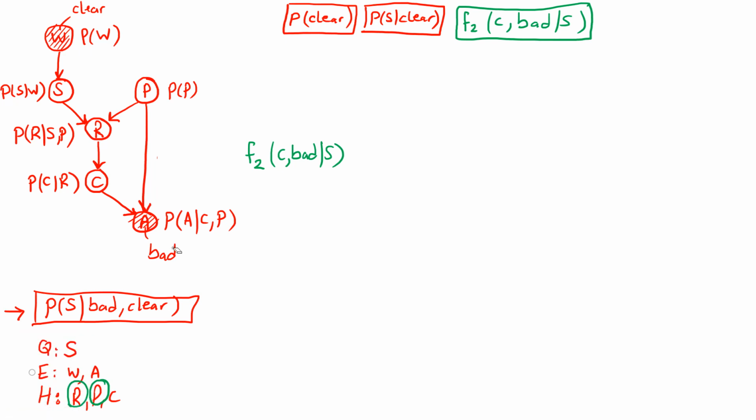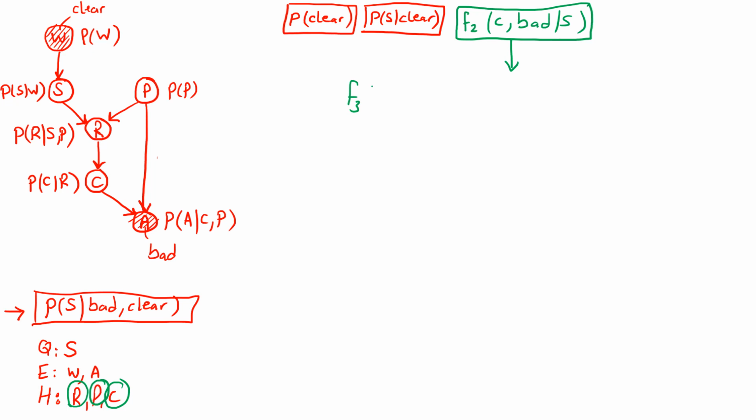The next step is to eliminate C. We want to eliminate C. So Muhammad, how will we eliminate C? Yes, we only have F2. So what should we do? Very good.